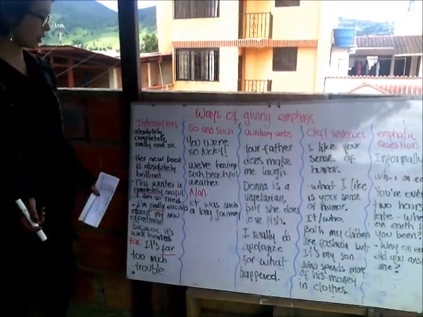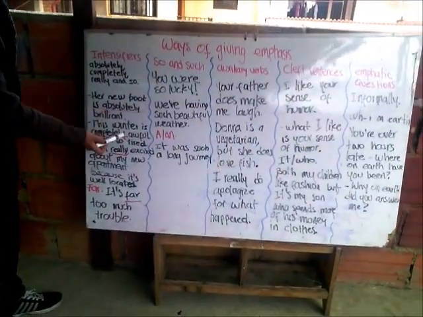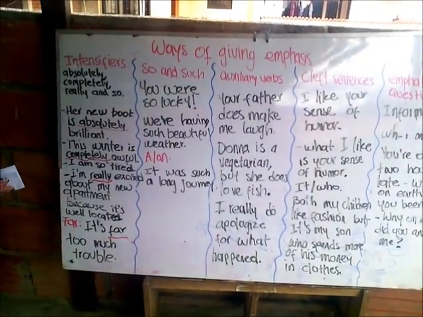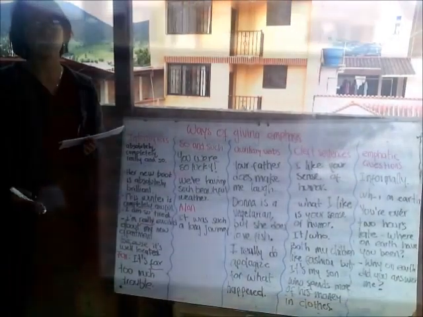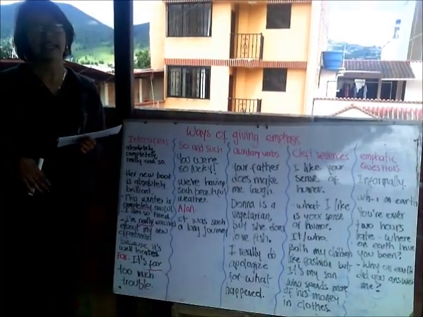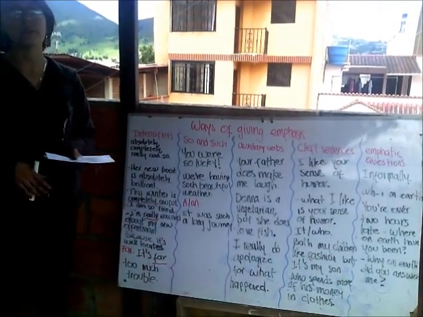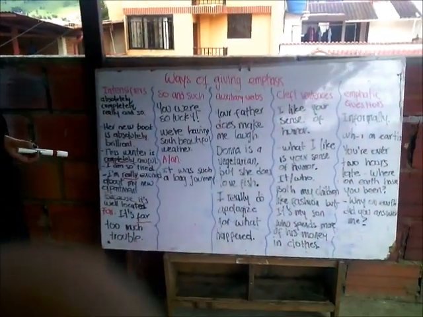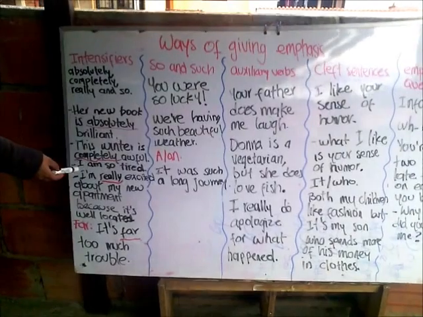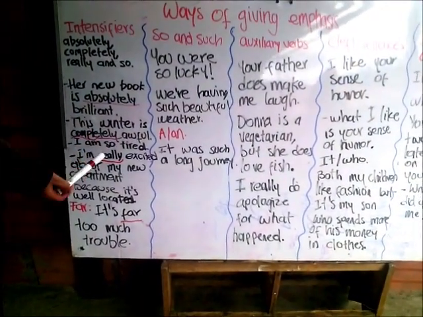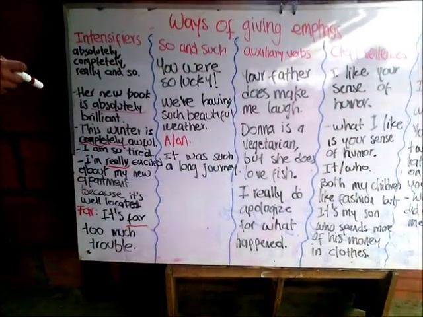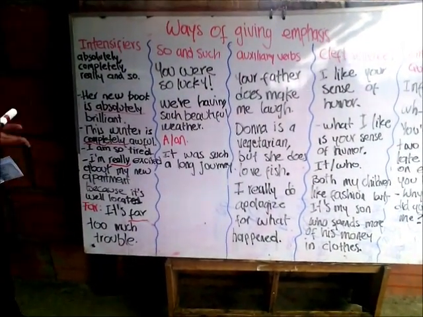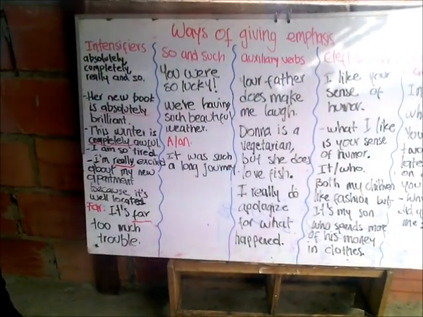For example, fantastic, awful, perfect, and horrible, terrible, that show us an extreme or absolute quality. For example, this winter is completely awful because it is really awful, bad, horrible, or terrible.